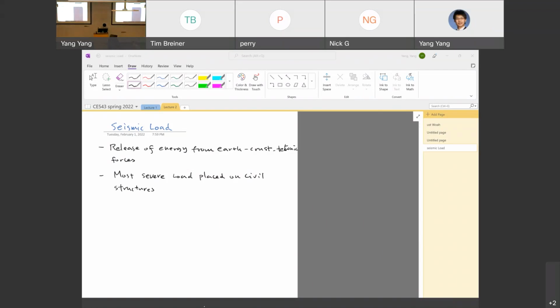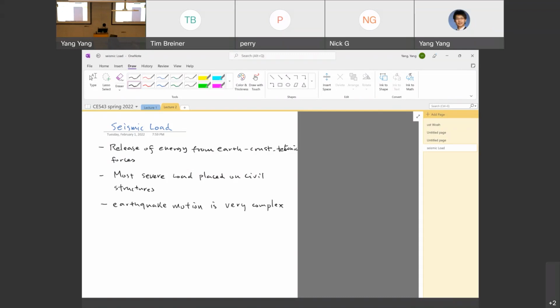So earthquake motion is very complex. Why?